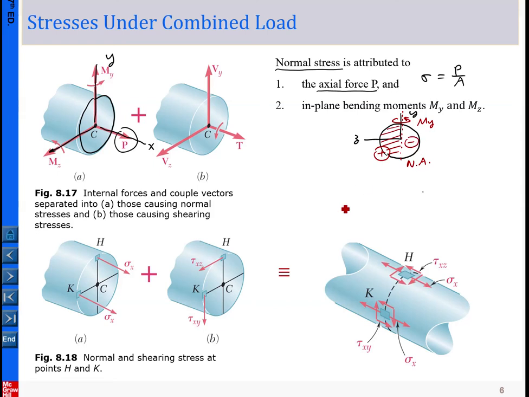Okay, and then the bending stress. Say this is the side view here, and this is the neutral surface, and right now the My is given by this. So from here you can see the distribution of the stress is like this. This is our x direction, this is our y direction.